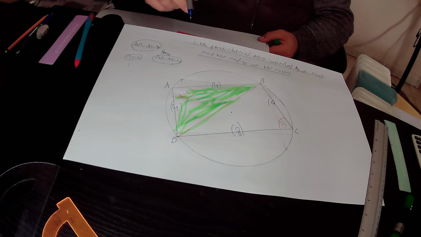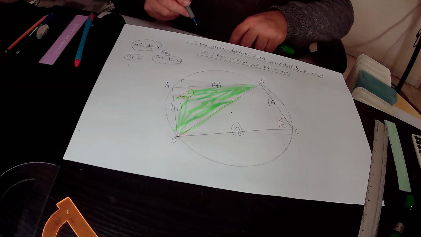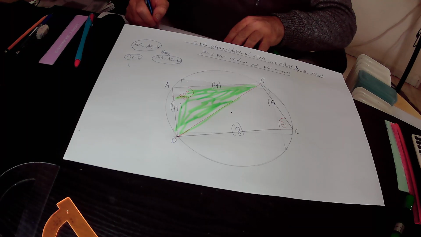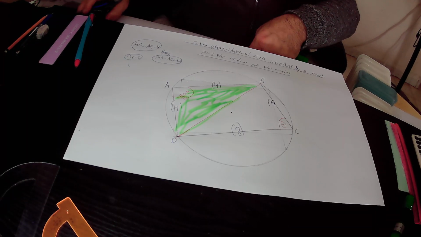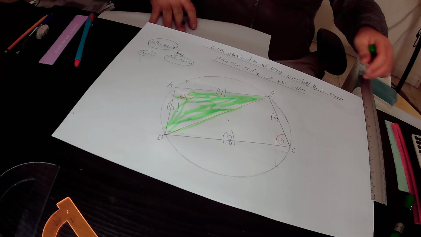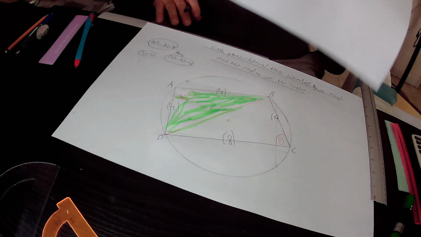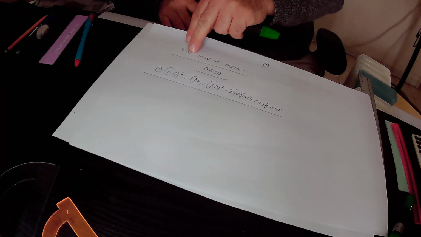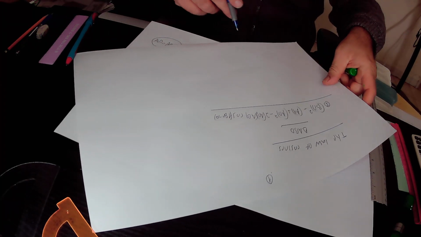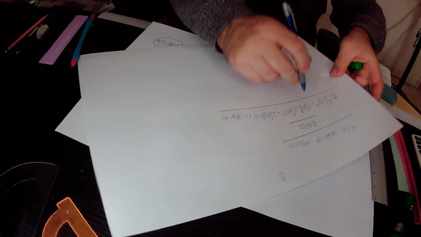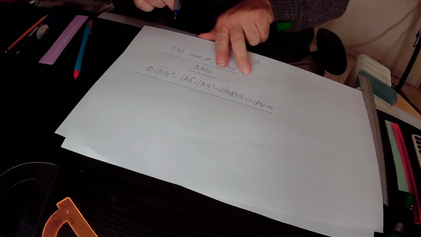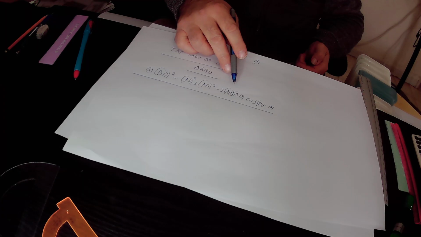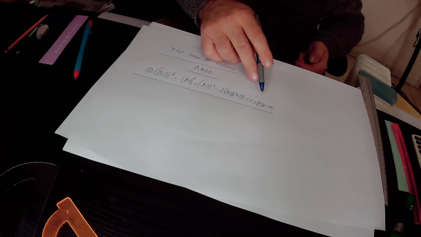And again, in this green triangle ABD, according to the law of cosines, BD squared equals AB squared plus AD squared minus 2 times AB times AD times cosine of 180 degrees minus theta.